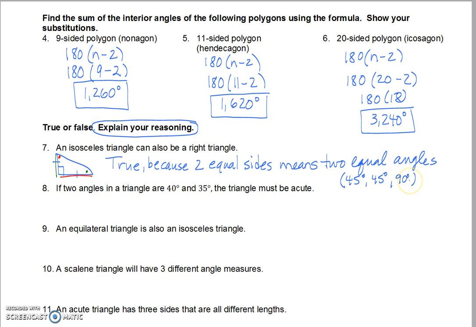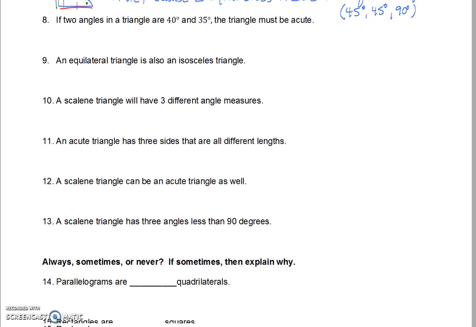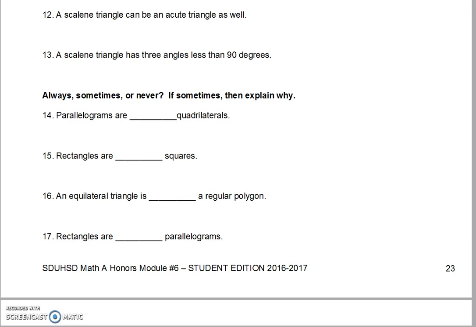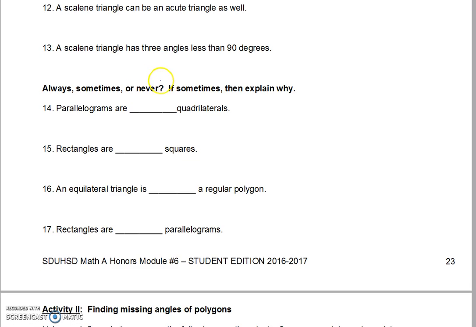Okay, there we go. So that's the kind of reasoning and explaining that I'd like you to do for numbers 7 through 13. And then number 14 says always, sometimes, or never true. If sometimes, then explain why. So remember, if you say sometimes, then you must give two examples. You want to give an example when it is true.